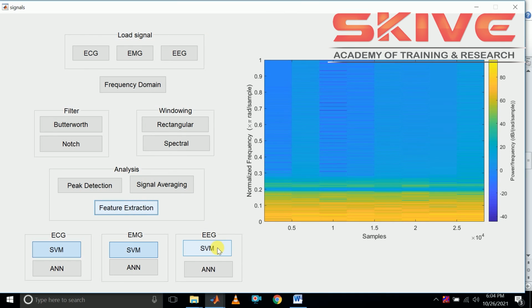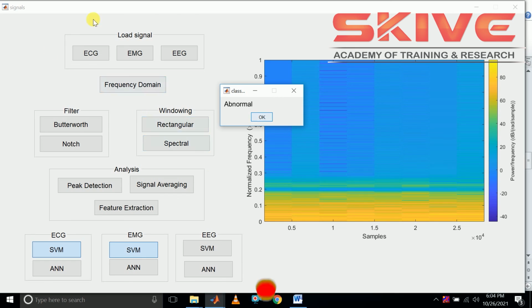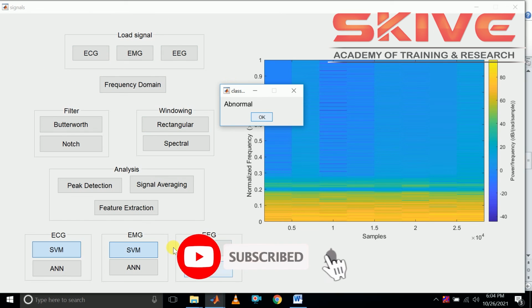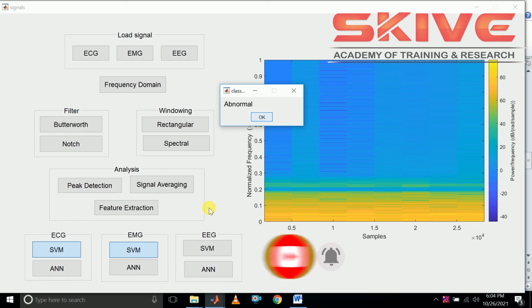Now we are going to classify the signal. The result is abnormal. So we can easily identify whether the patient is normal or abnormal using these signals. By using the system, it will help doctors to treat the patients accordingly.